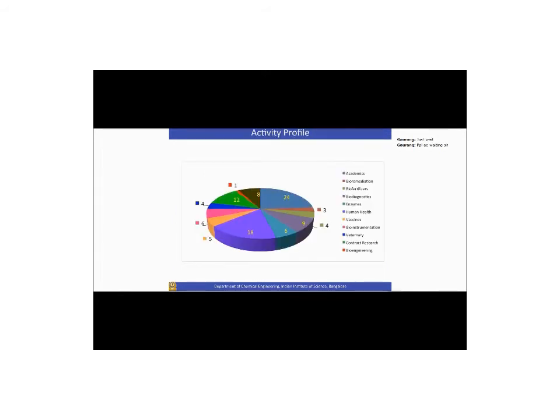Now, if you look at the different types of activity happening in the field of biotechnology, you will see in this pie chart that the dominant activity is in academia. There is a lot of research going on in traditional biosciences departments as well as several engineering departments, followed by human health.